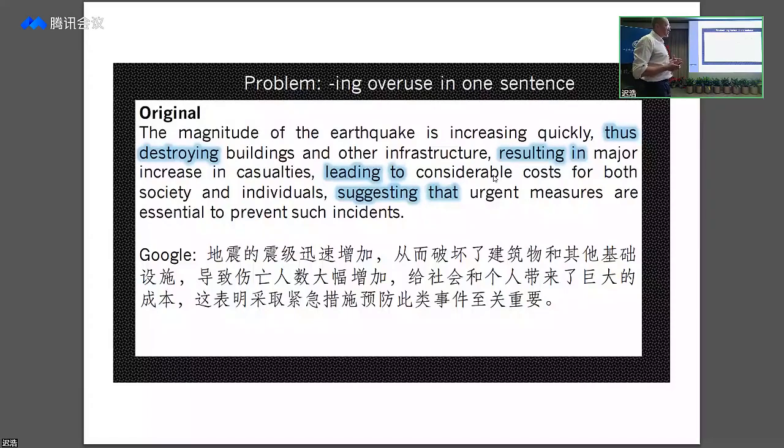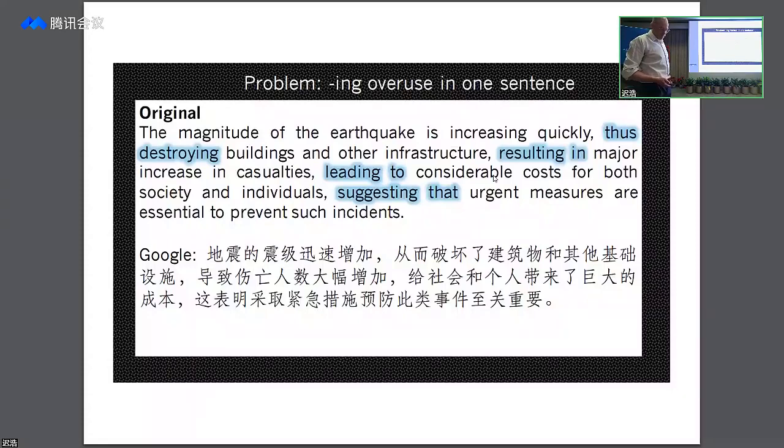So what they do is they start putting multiple ing clauses into one sentence, and then it reads like this. The magnitude of the earthquake is increasing quickly, thus destroying buildings and other infrastructure, resulting in major increase in casualties, leading to considerable costs for both society and individual, suggesting that urgent measures are essential to prevent such incidents.